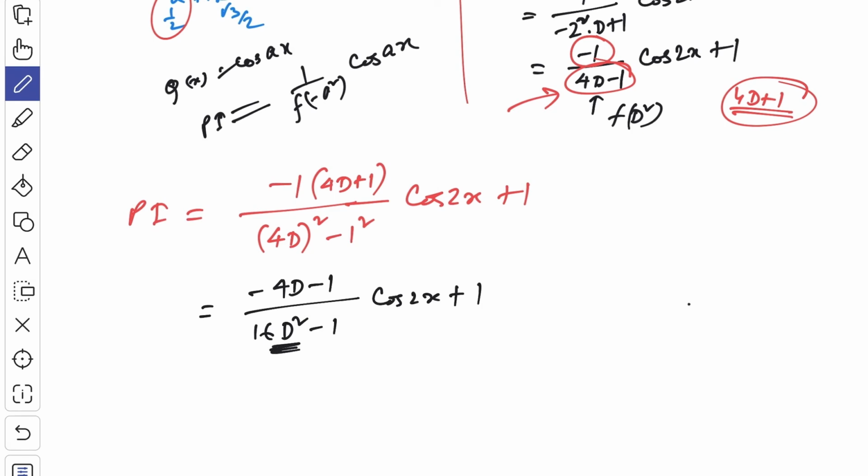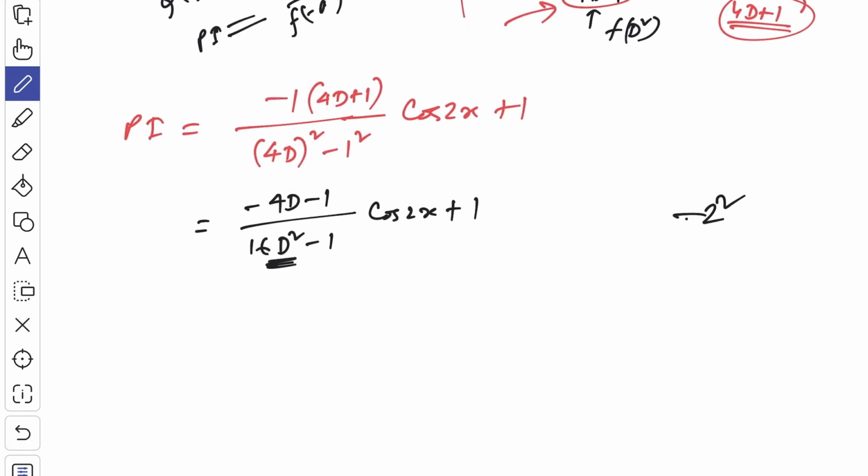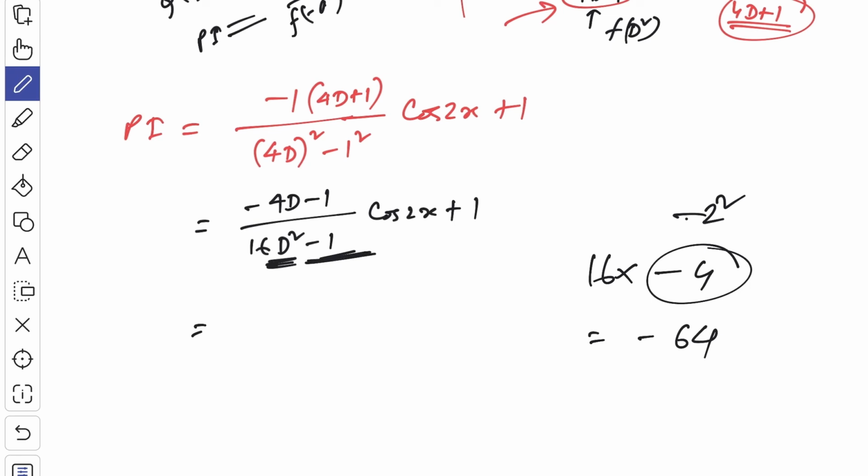So again we can replace this d square by minus 2 square. If you replace this d square by minus 4, and multiply with 16, then you will get minus 64, and we have minus 1 here, so that means minus 65.